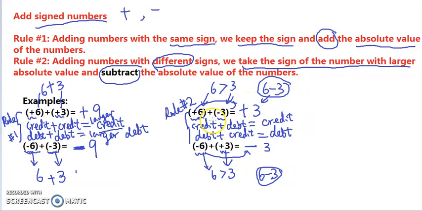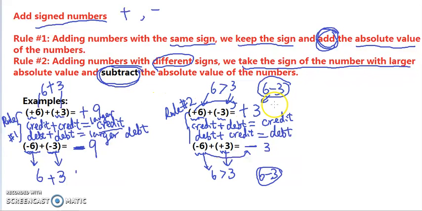And different signs, you pick the sign of the larger number and then you subtract them. Okay, so in an addition problem with signed numbers, sometimes we add, sometimes we subtract. It depends on the signs in front of them.